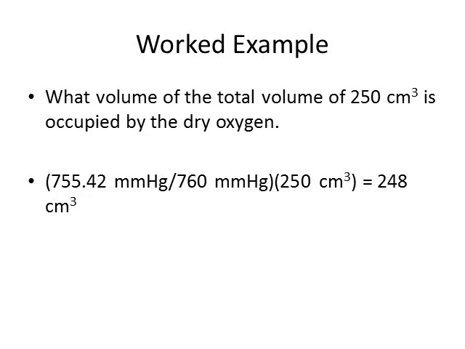So that's 755.42 divided by 760. I will then multiply that fraction by the size of the container, which is 250 centimeters cubed. When I do this and put these numbers into my calculator, I come out with 248 centimeters cubed. So this is the volume occupied by the dry oxygen.